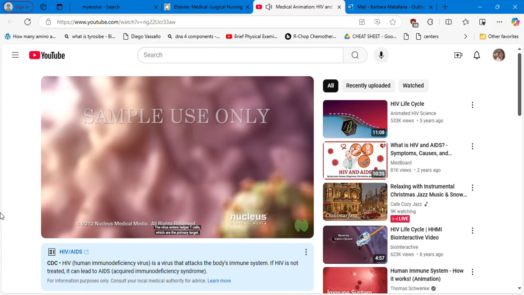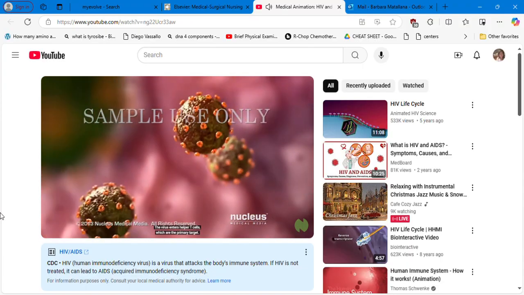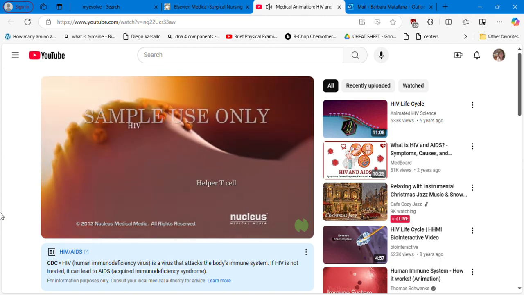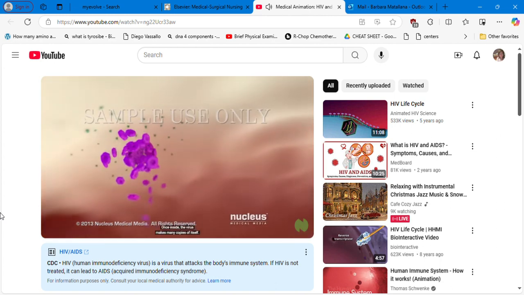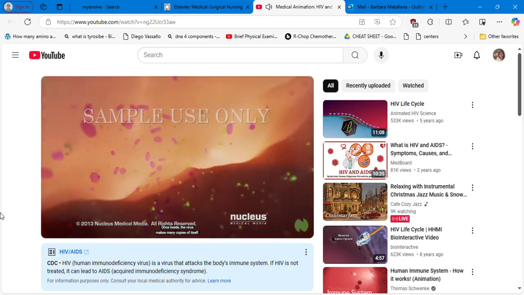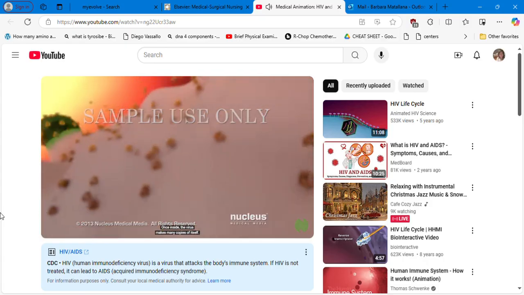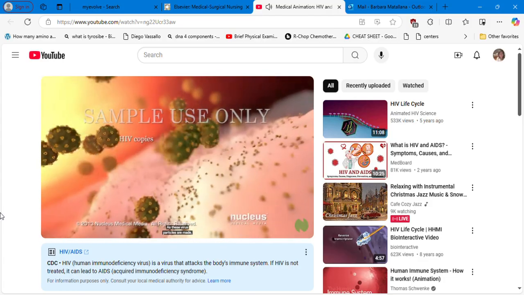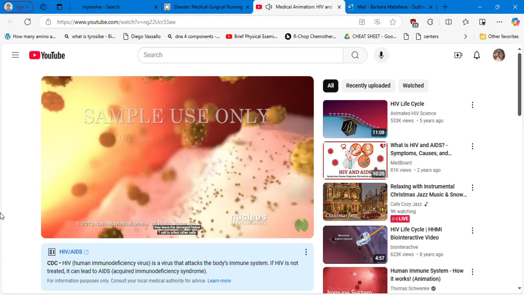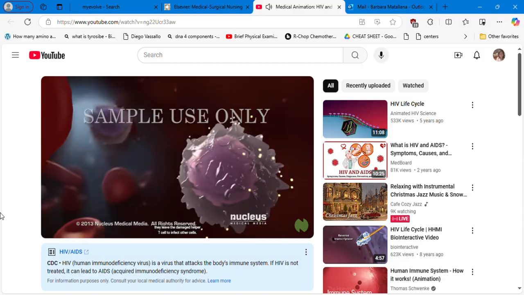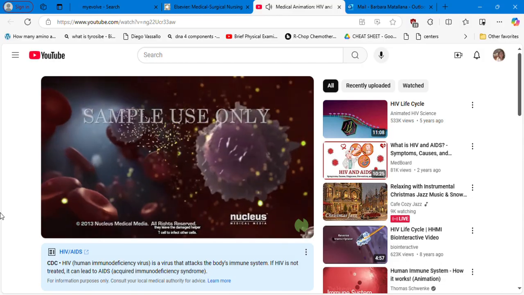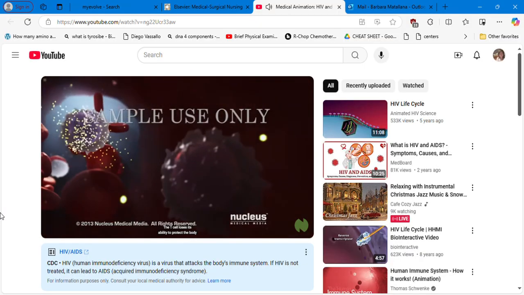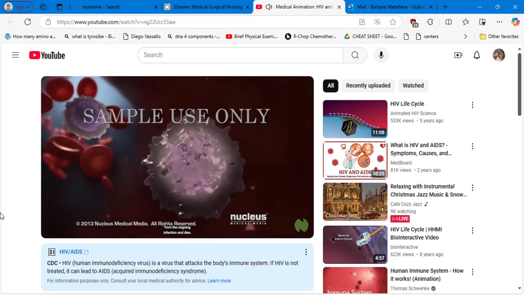The virus enters helper T cells, which are the primary target. Once inside, the virus makes many copies of itself. As these virus particles are made, they leave the damaged helper T cell to infect other cells. The T cell loses its ability to protect the body from the ongoing infection and dies.